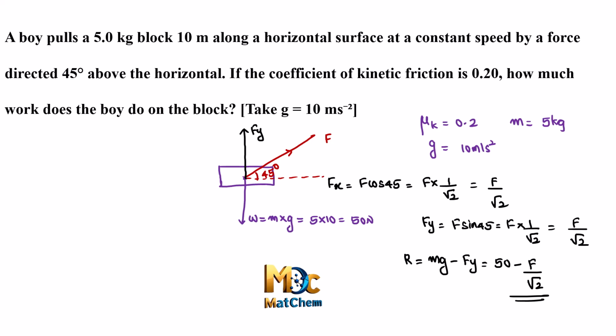If we consider the Fx component, there will be a component of force associated with the kinetic friction, that is Fk. We know that Fk is equal to coefficient of friction into normal reaction, that is mu k into R, where R is 50 minus F by root 2.